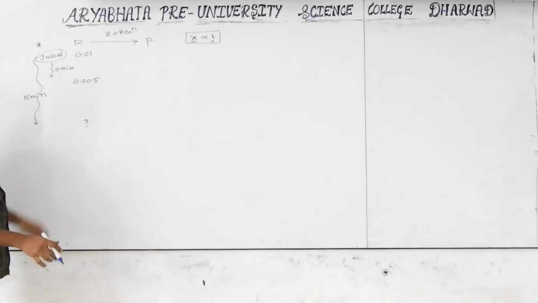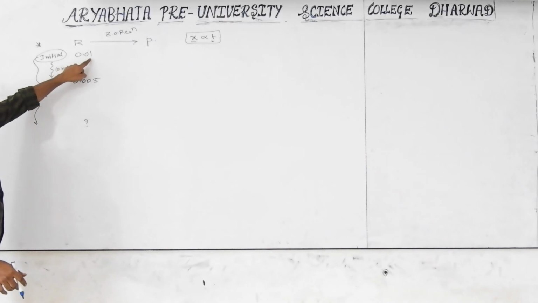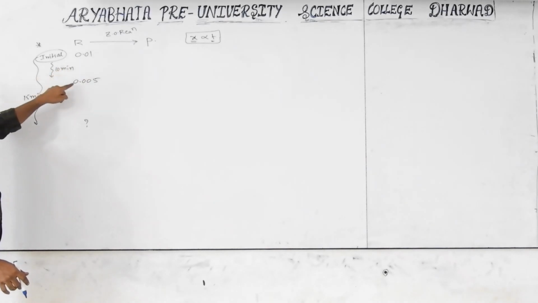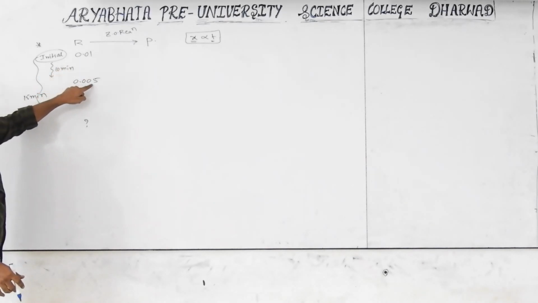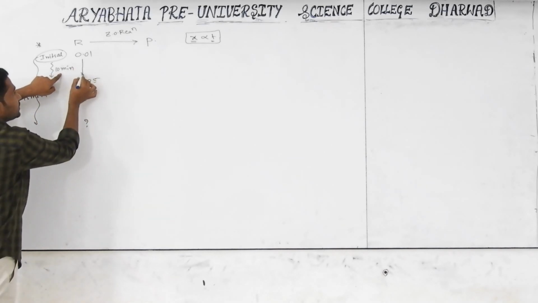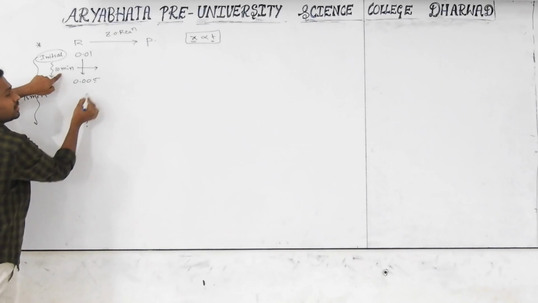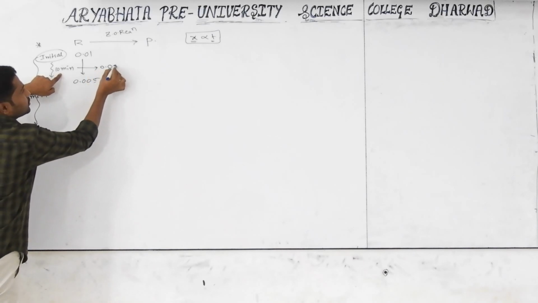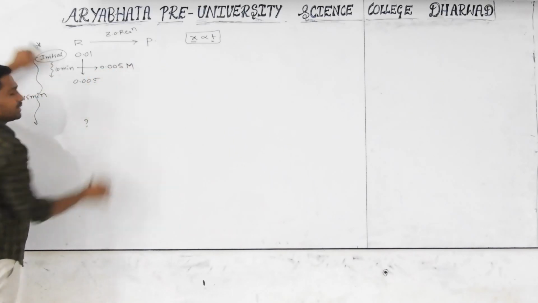Initially we have 0.01 molar. Within 10 minutes it becomes 0.005. Means for 10 minutes, how much change is coming out? 0.005 molar change is coming.